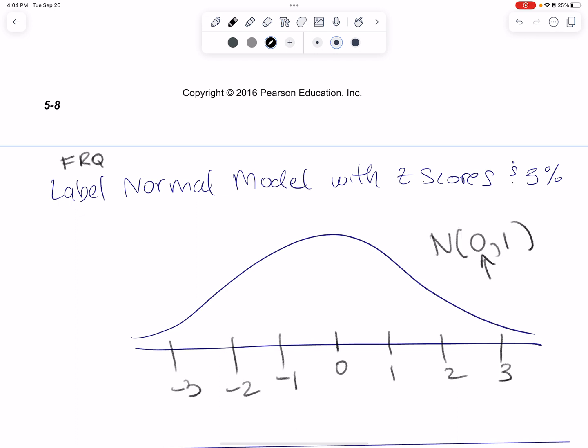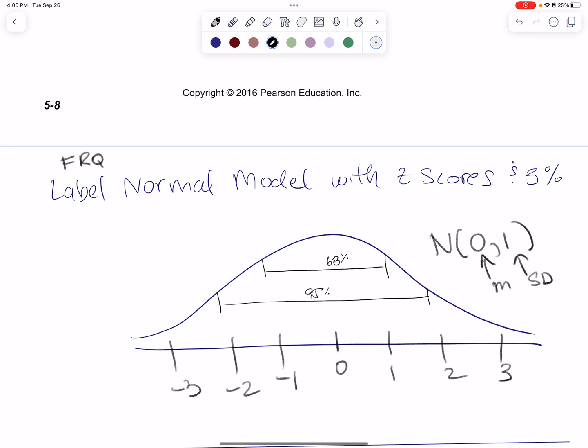This means 0 is the mean, and 1 is the standard deviation. You need to make sure you label 68% within 1 standard deviation, 95% within 2 standard deviations, and 99.7% within 3 standard deviations.